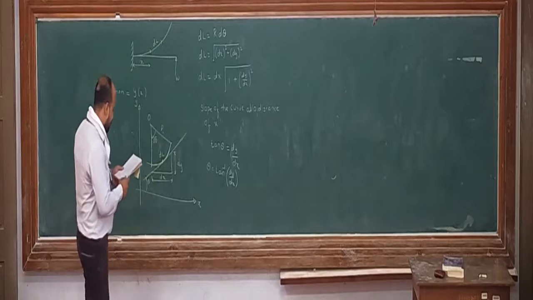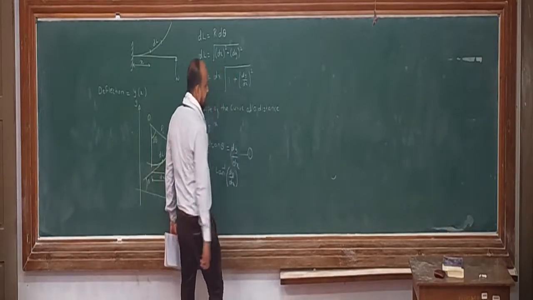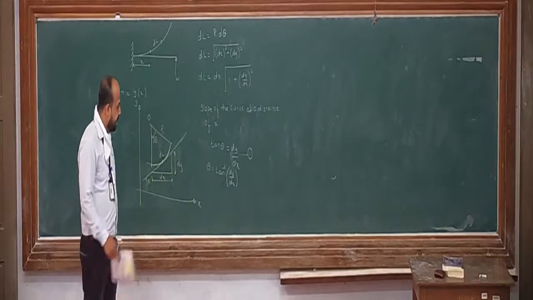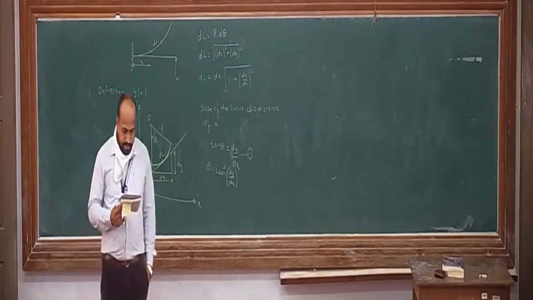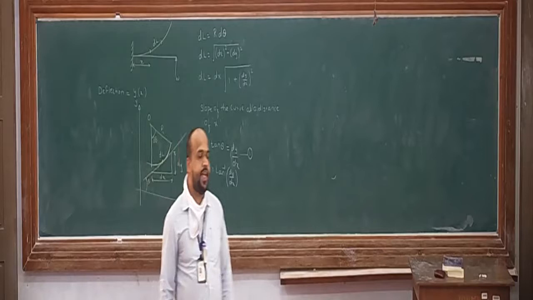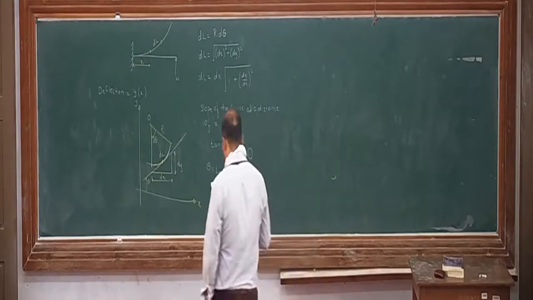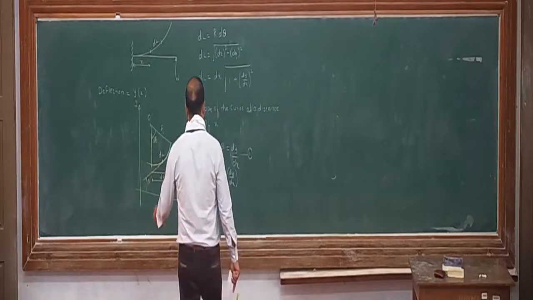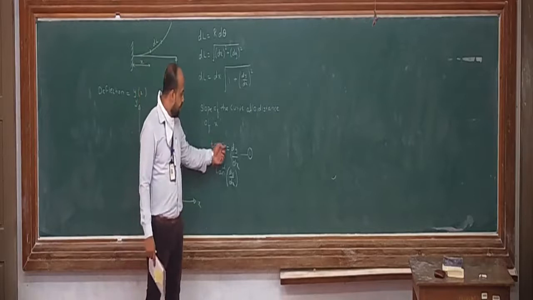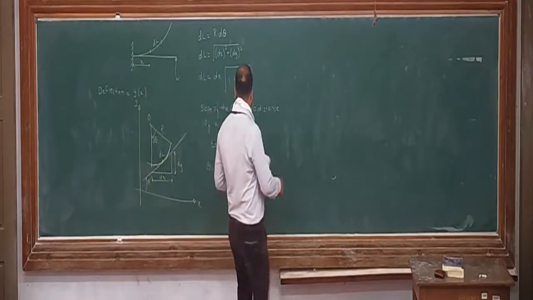You can call the tan theta equation as equation number 1, and slope theta is equal to tan inverse of dy by dx. Next, differentiating equation number 1 with respect to x. What is the differentiation of tan theta?